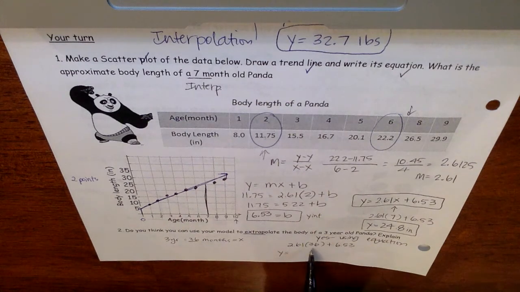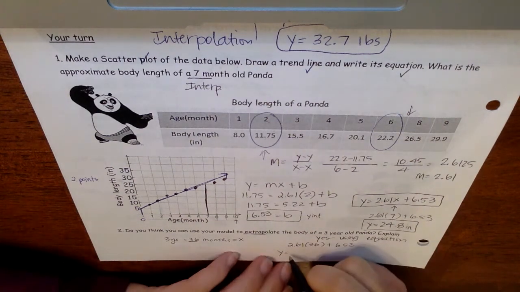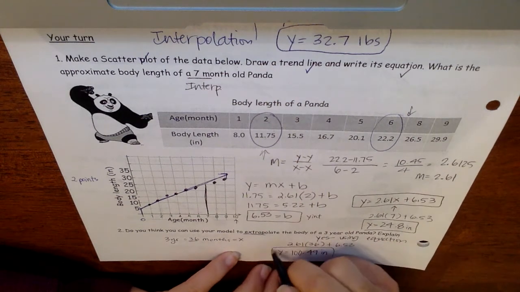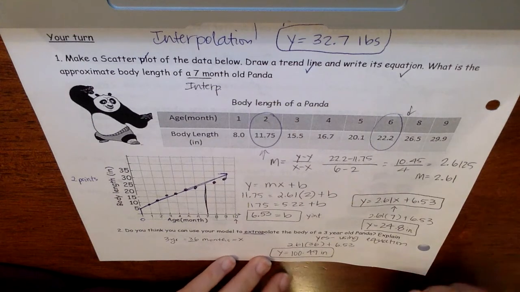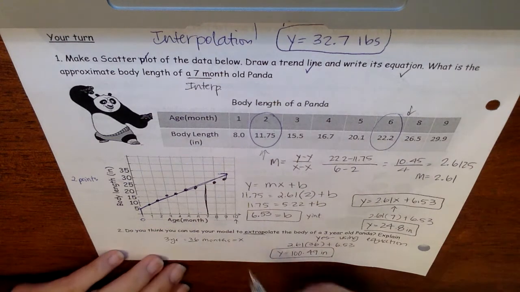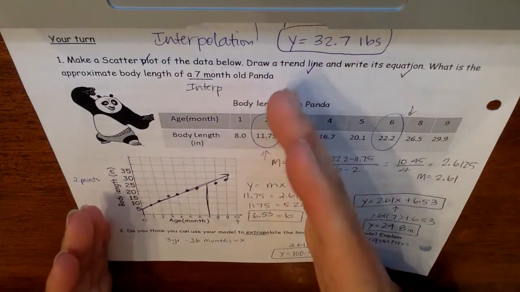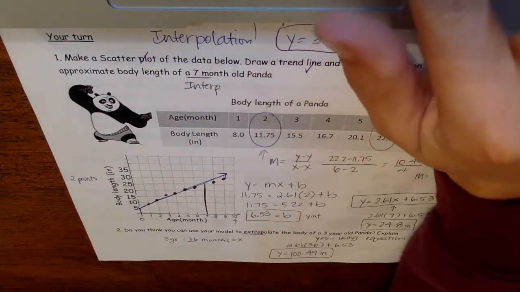But 36 months plus 6.53, so 100.49 inches for a panda that is 3 years old. And that is very tall, 100 inches tall. But this equation is extrapolation because 36 months falls outside of our data value. All right, we're going to practice more with trend lines in class.